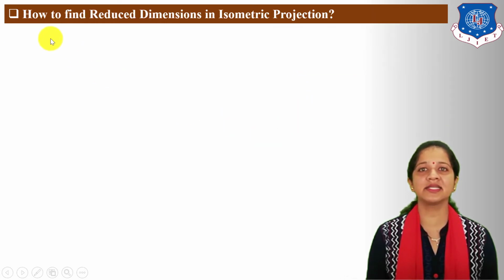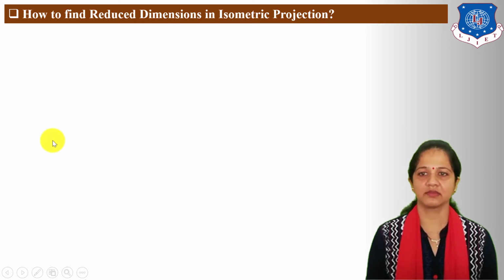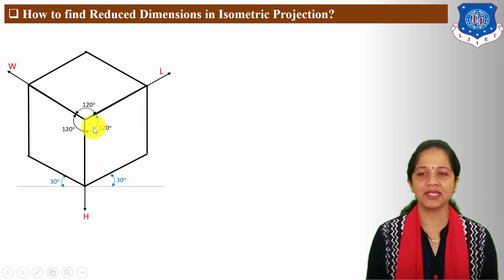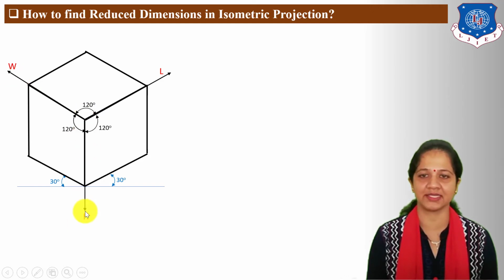Next, let us understand how to find reduced dimensions in isometric projection. Here you can see isometric box for length, width and height is given. Here length is taken on x-axis, width is taken on z-axis and height always fixed on y-axis.